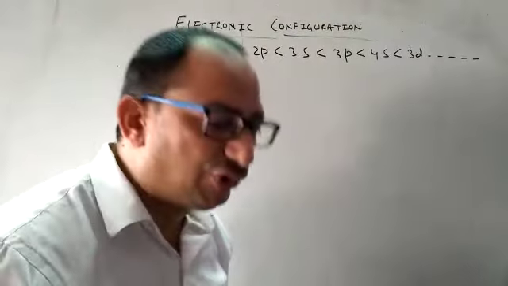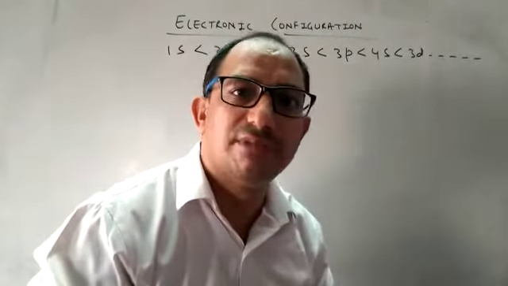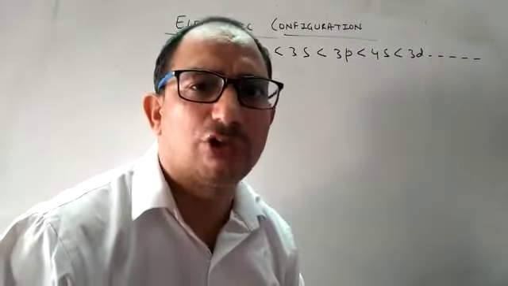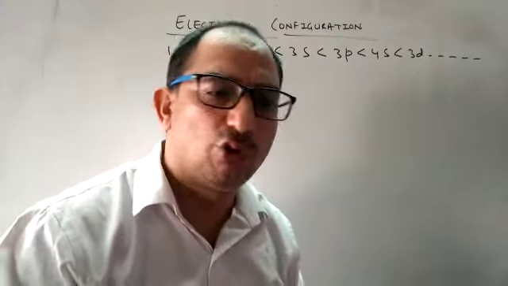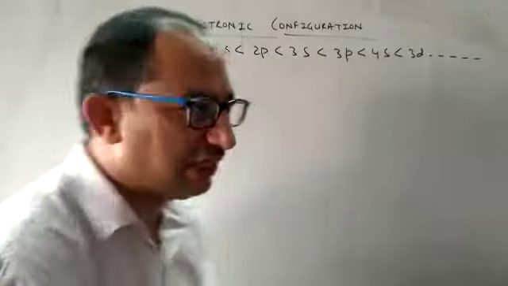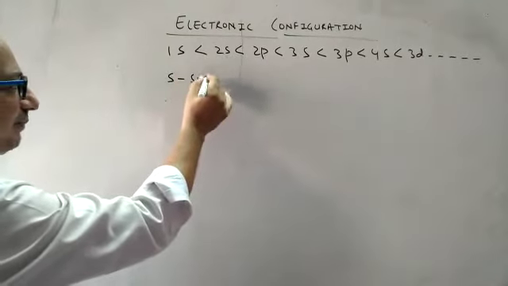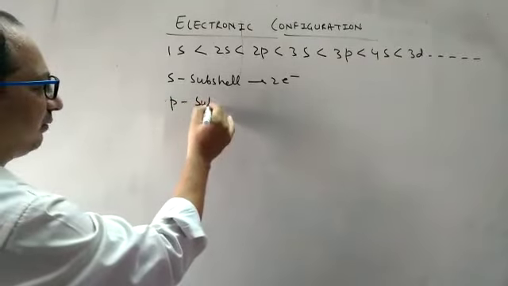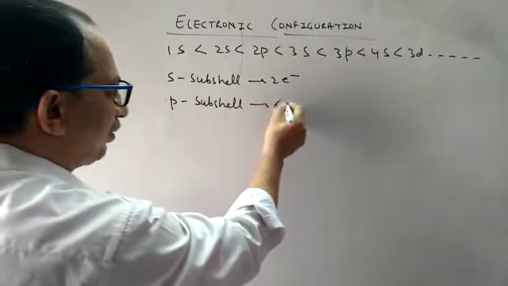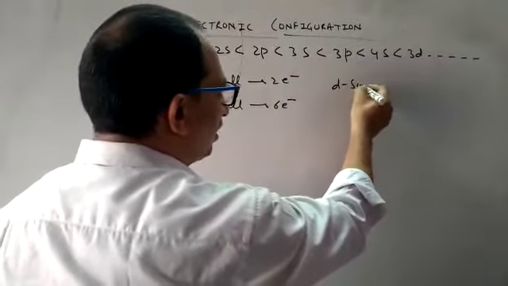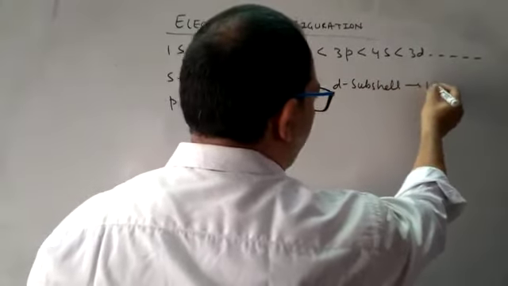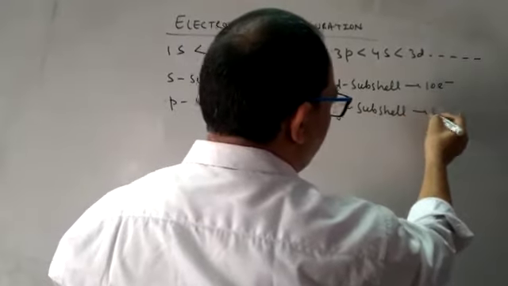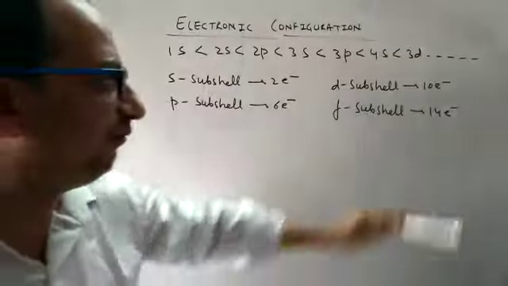And the second thing we have to take into consideration is the maximum capacity of the subshells s, p, d, f. That is, how many electrons can be filled in these subshells. The s subshell has a capacity of 2 electrons, the p subshell a maximum capacity of 6 electrons, the d subshell a maximum of 10 electrons, and the f subshell a maximum capacity of 14 electrons.